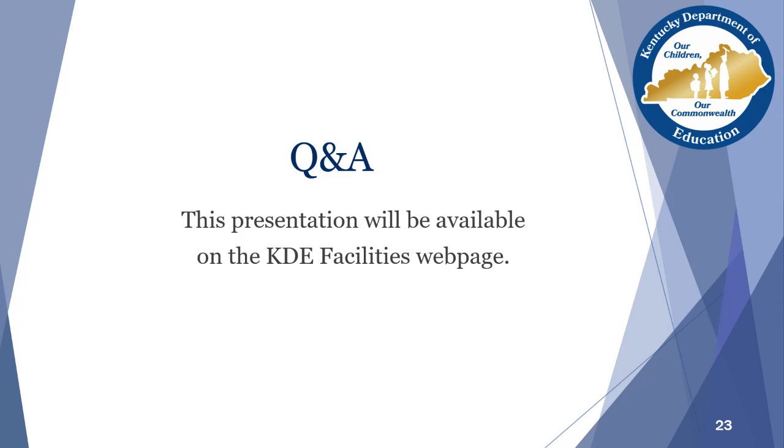I'd like to take this opportunity to say that District Facilities Branch will not be making the determination on the appropriate use of those funds. There's a grant management program at KDE under which grants and federal funds are administered.